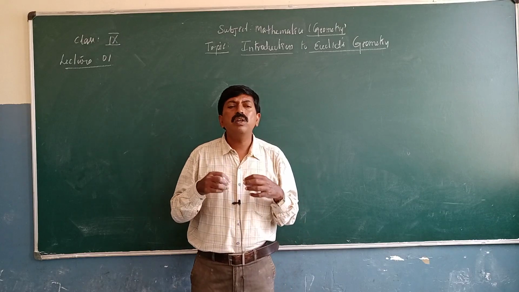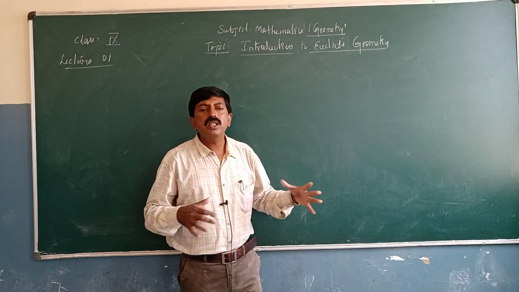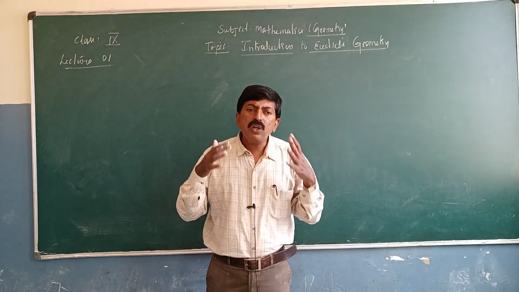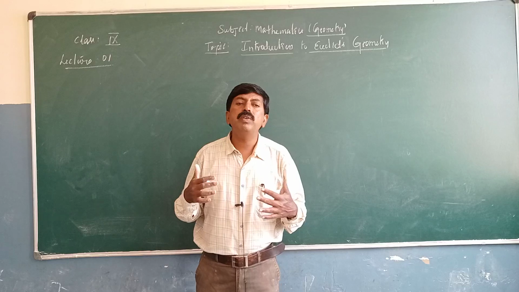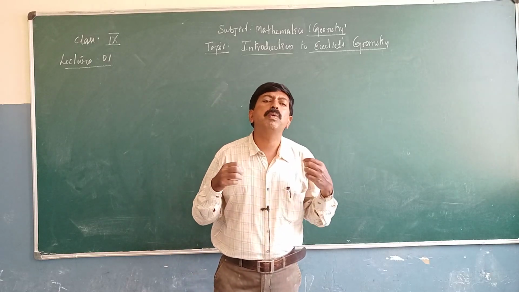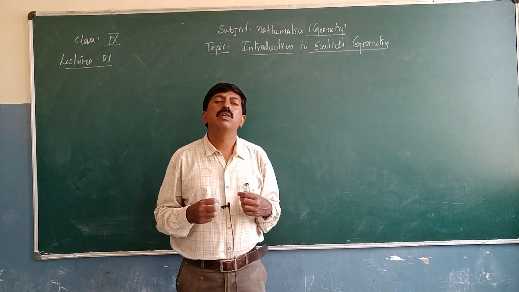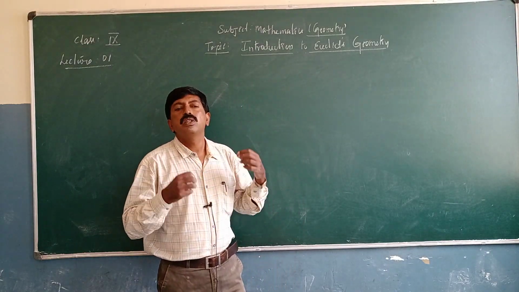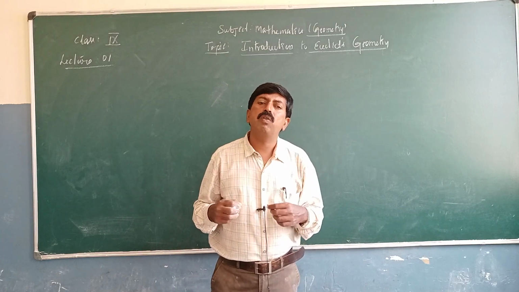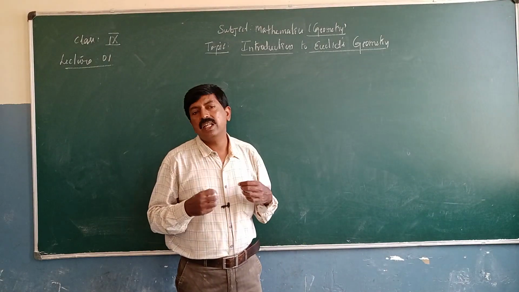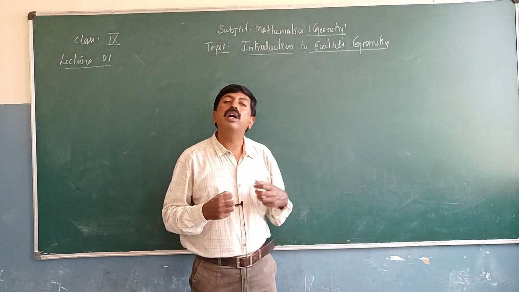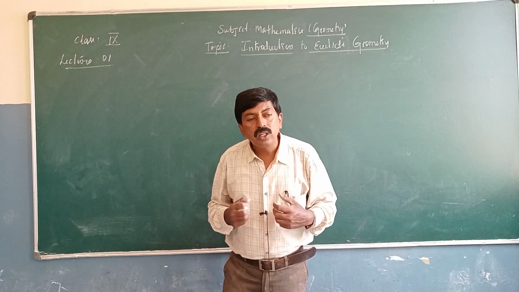In our lower classes we discussed various concepts. Euclid is called the father of geometry because the preliminary concepts were developed by him. Preliminary concepts mean point, line, collinear points, non-collinear points, triangles, etc. The basic, elementary ideas were given by Euclid.